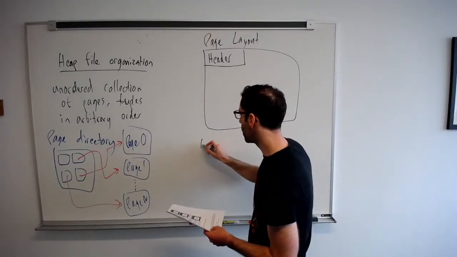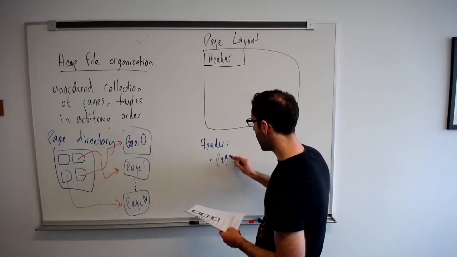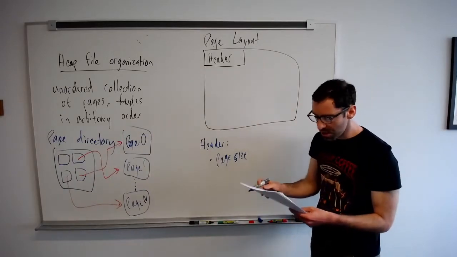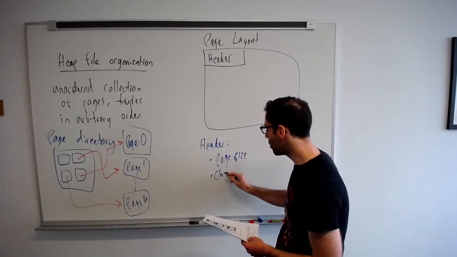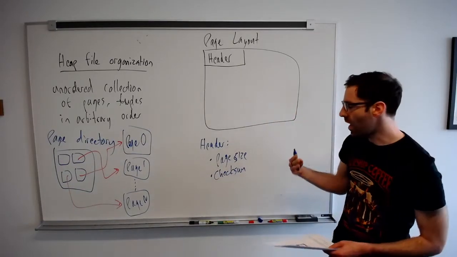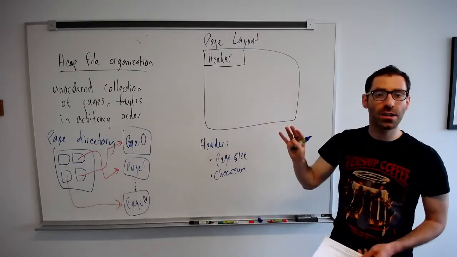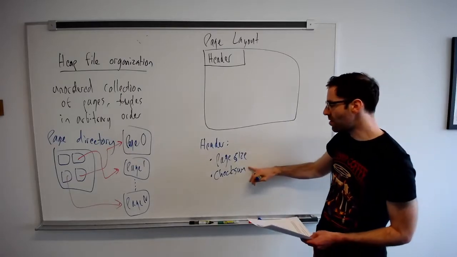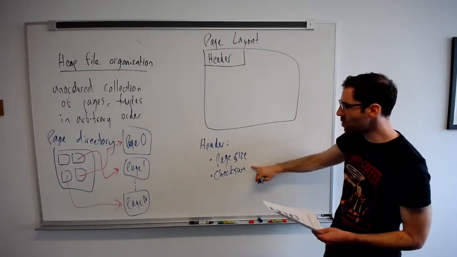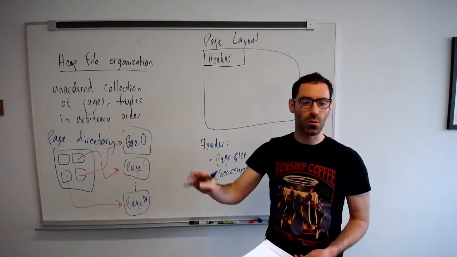It will include the page size, how much total space. It will usually include something called a checksum, which is basically a hash function of some kind applied to the contents of the page, and this lets us tell whether the contents of the page match what the header thinks it is when we want to recover from a crash.